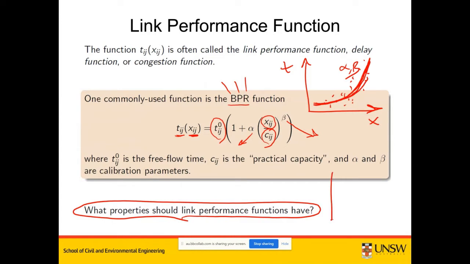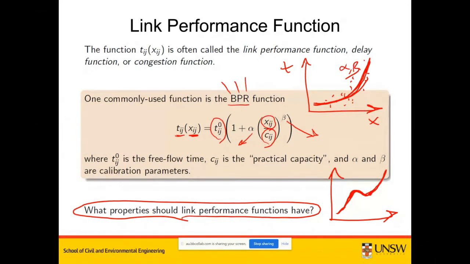But if the travel time function was not monotonically increasing, meaning that it was like this, for example, we can actually prove that the equilibrium problem will not have a unique solution, meaning that you may have multiple solutions for the same problem.